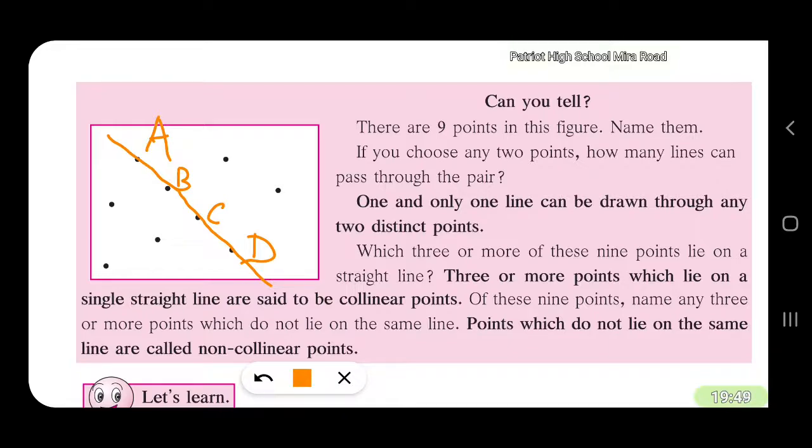Point P is not lying on the same straight line, so point P is not collinear with A, B, C, D.